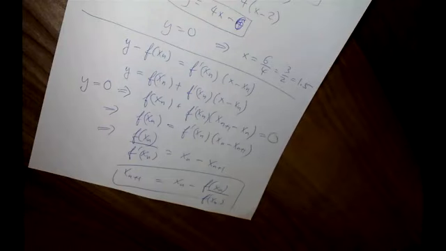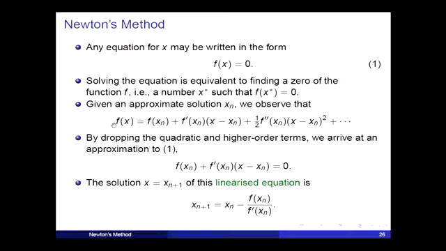Taylor formula. Okay? So the Taylor formula looks like this. When you expand around xn, you drop the higher order terms. And so you have only the linearized version of the equation.